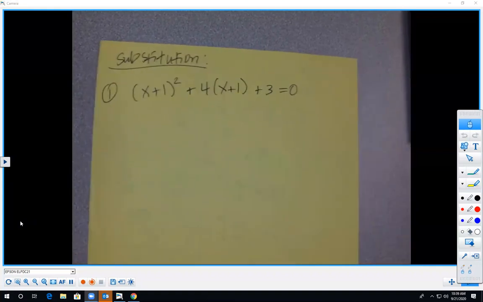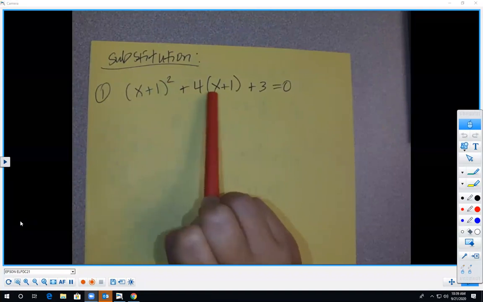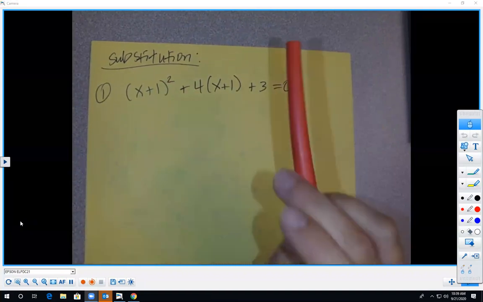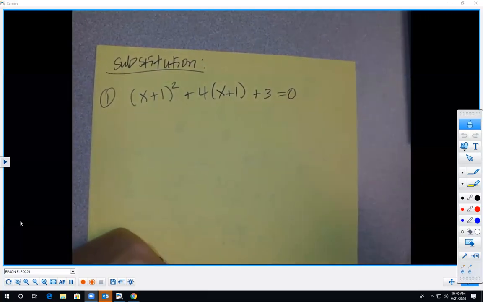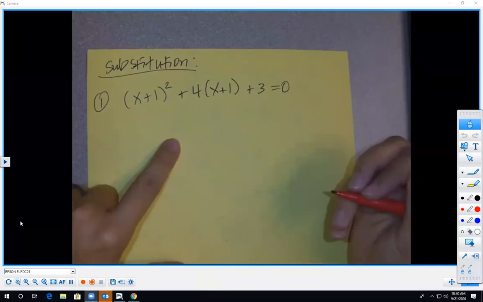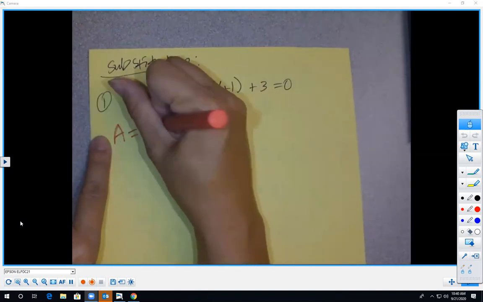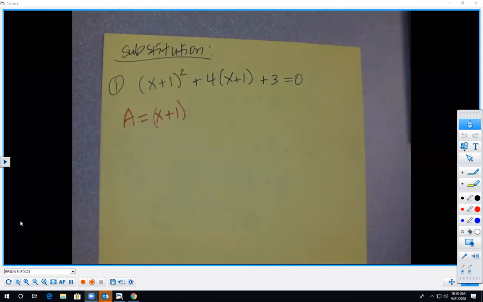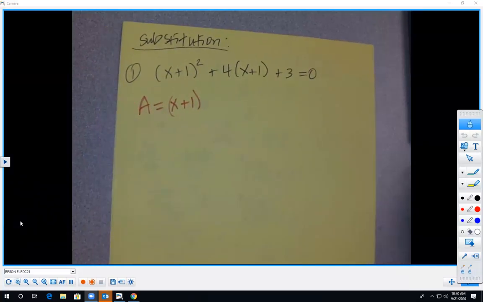Or doesn't this kind of look like a quadratic already? Doesn't it look like something squared plus 4 times something plus 3? So let's pull this something out and stick a letter inside of it to make it a little bit easier. So I'm going to pick the letter A. I'm going to say, let's let A equal x plus 1. So if A equals x plus 1, I can rewrite my problem much easier.